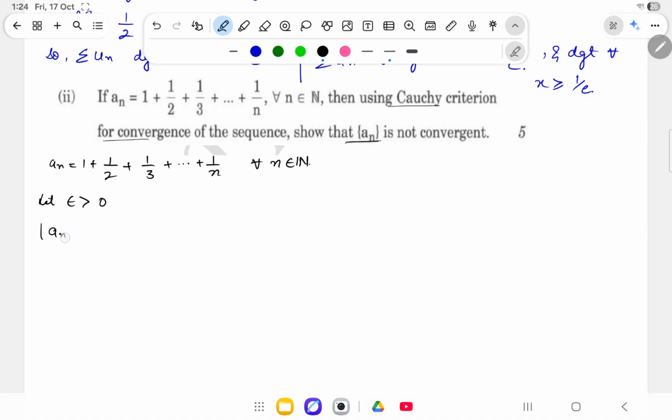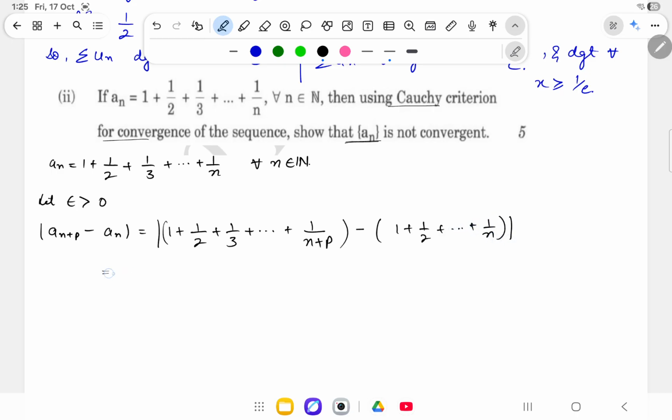Then if we calculate a n plus p minus a n, it will be equals to 1 plus 1 by 2 plus 1 by 3 up till 1 by n plus p, minus a n will be 1 plus 1 by 2 up till 1 by n, and this term will be equals to, and since we know that n plus p is greater than 1, here I am considering that my p is greater than or equals to 1.